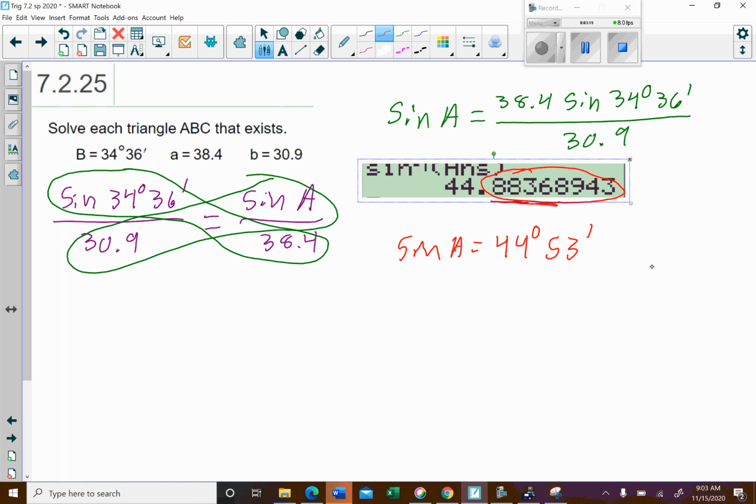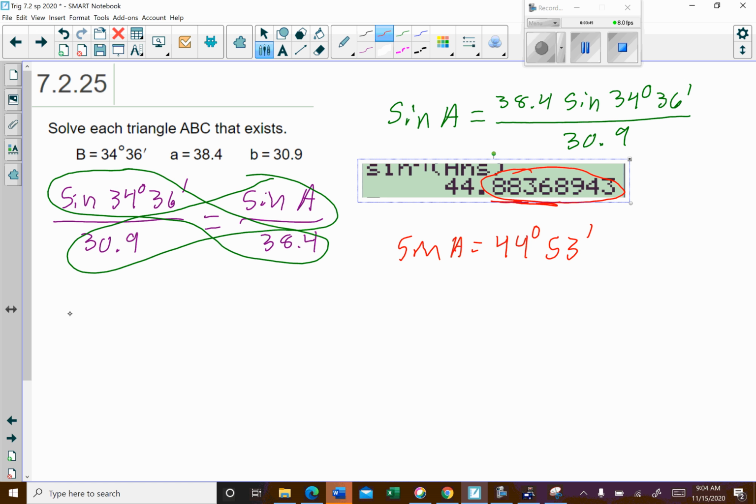So we definitely have at least one triangle, possibly two, right? So we'll go ahead and finish off the first triangle that we know definitely exists, and then we'll see about the second one in a minute. So what we have to do now is figure out angle C, and then we'll do the law of sines again to figure out the length of side C. We know that in a triangle, all the angles add up to 180.